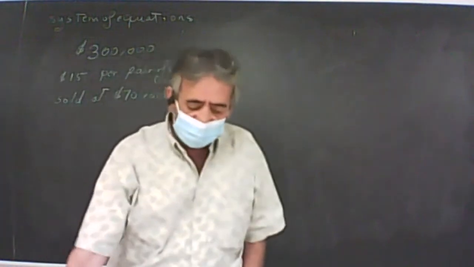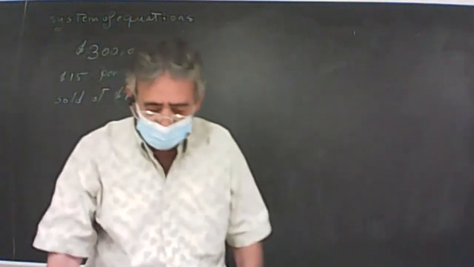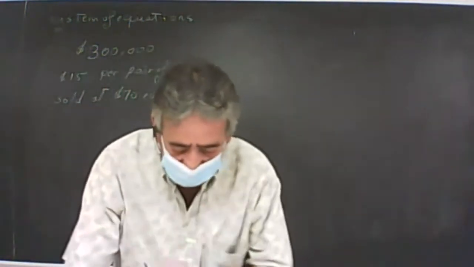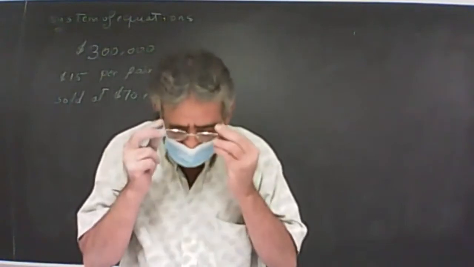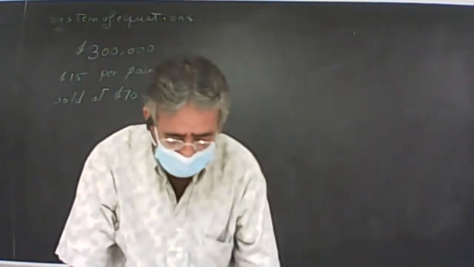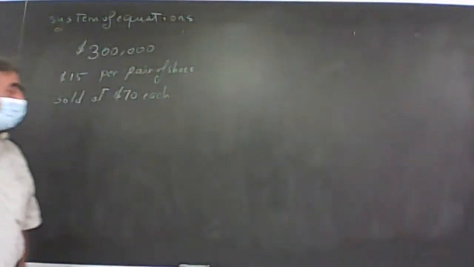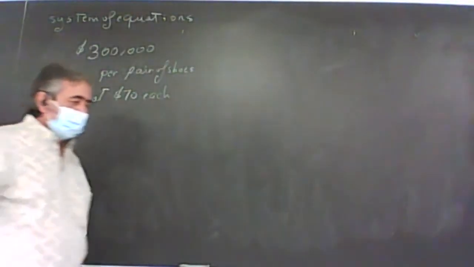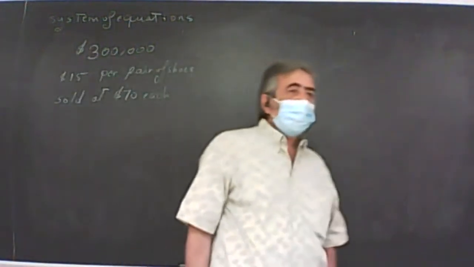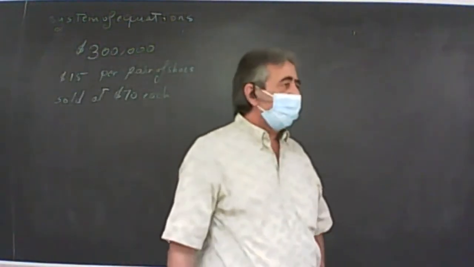So now you're the mathematician or the person in charge of this. It says, how many pairs of shoes must the company sell to break even? Yes? So we're looking for the number of shoes that the company needs to sell to break even.